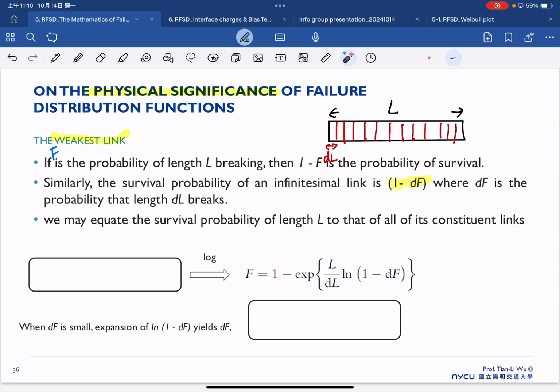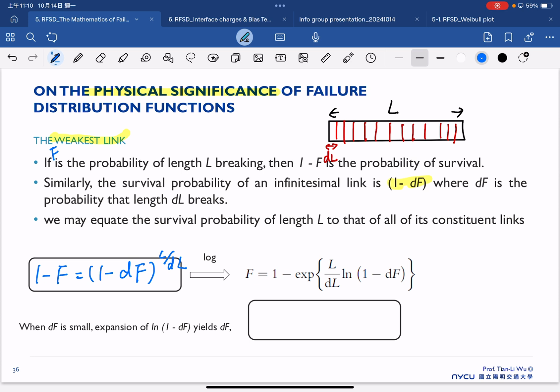It becomes in this way: 1 minus F will be equal to (1 minus dF) to the power L over dl. The reason why we can write it like this is a mathematical trick.